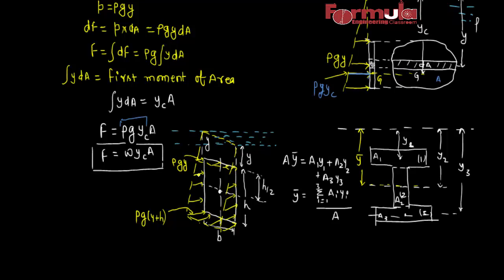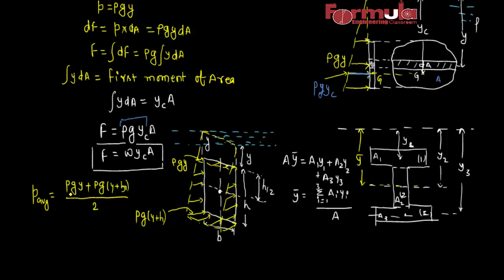Obviously the pressure is varying linearly, so to find the average pressure we can write P average equals rho g y plus rho g (y plus h), divided by 2. This is h here, not p. Rho g is common, so taking it out: y plus y is 2y, and plus h, so this equals rho g (2y by 2 plus h by 2), that is rho g (y plus h by 2).